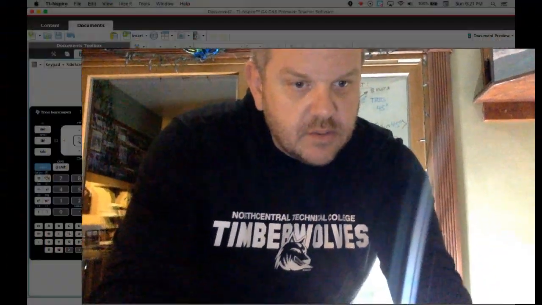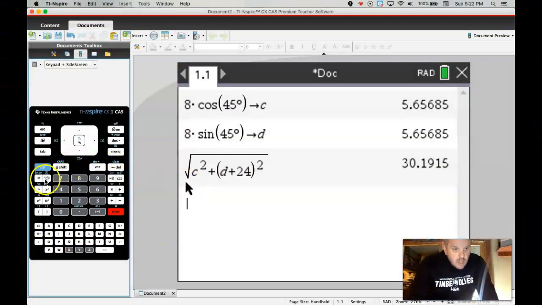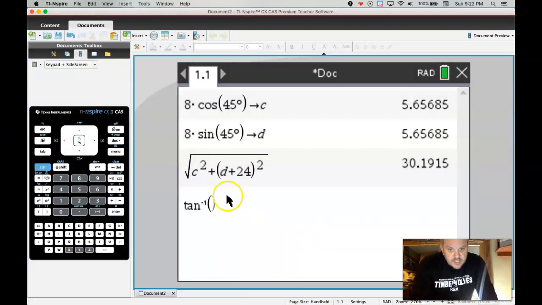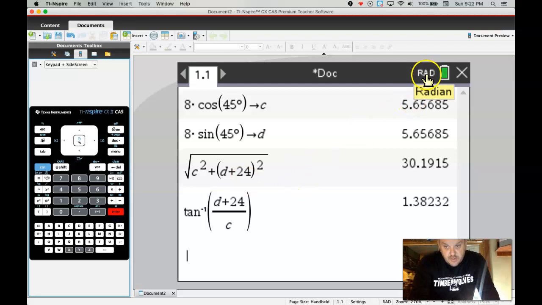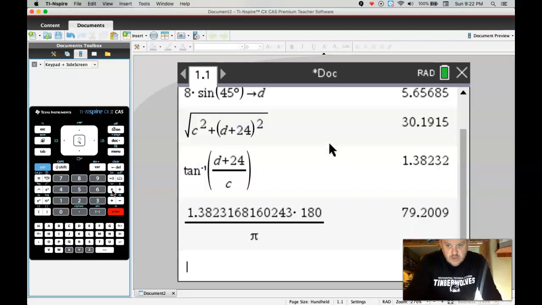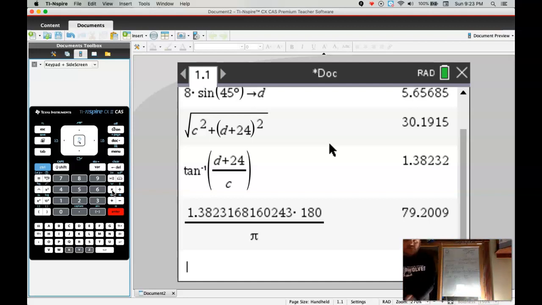Back to the old calculator: inverse tangent of, let's make it a fraction, let's make it fancy, D plus 24 all over C. But again, I'm in radians. Convert it. If your calculator is in degrees, you don't have to do this. You should get exactly 79.2001 degrees.